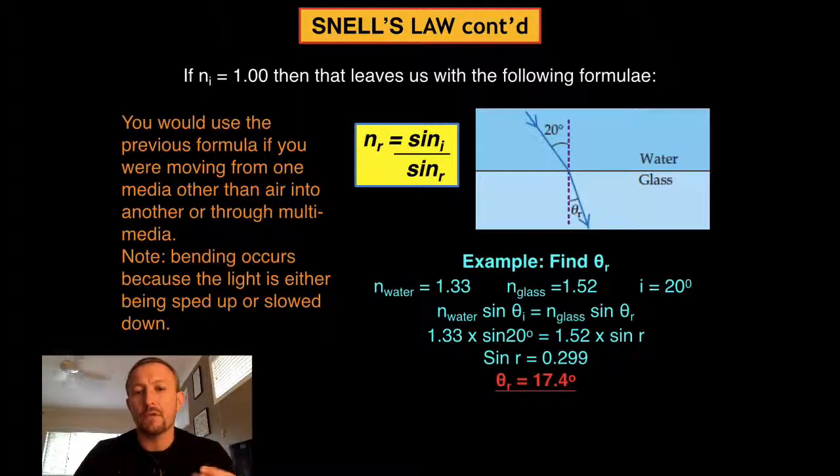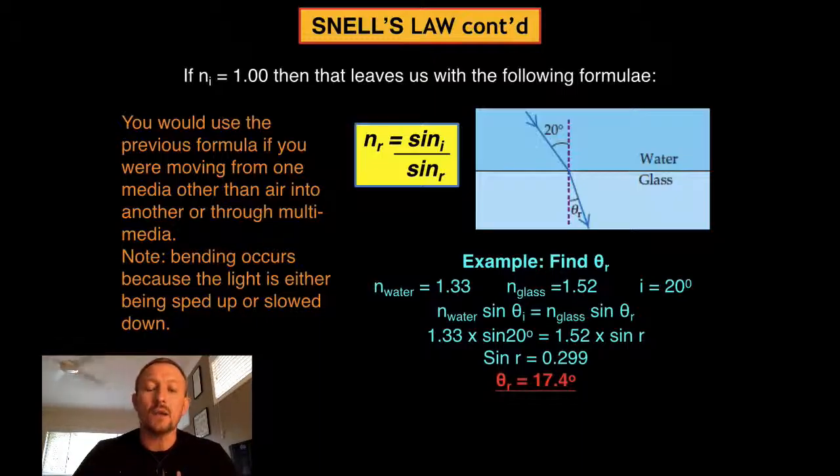So I've got the refractive index of water, N water, times the sine theta I, the incident ray, equals the refractive index of glass, N glass, times the sine of the refracted angle, theta R. Substituting those values in, I get 1.33 times sine 20 degrees equals 1.52 times sine R.